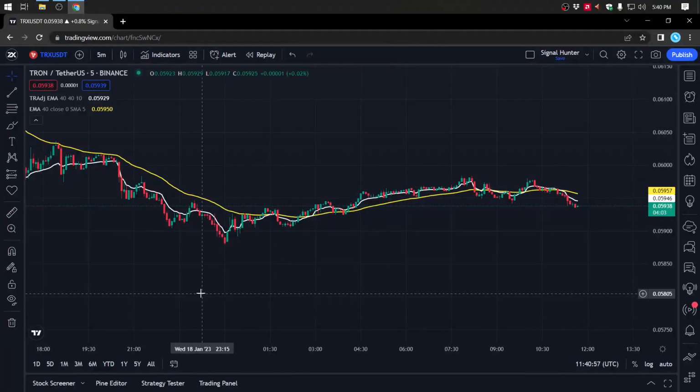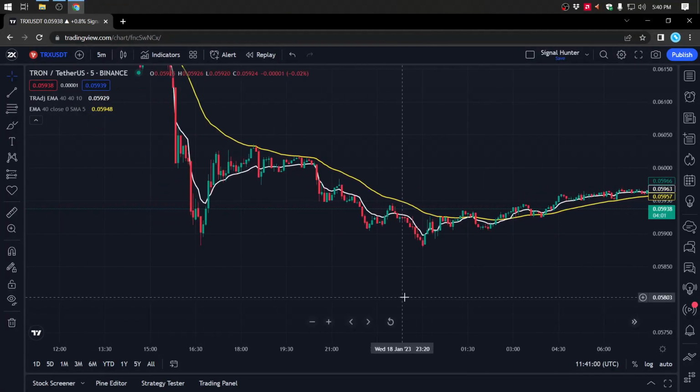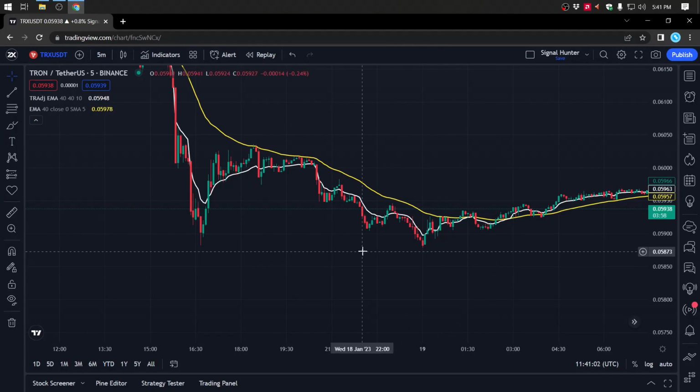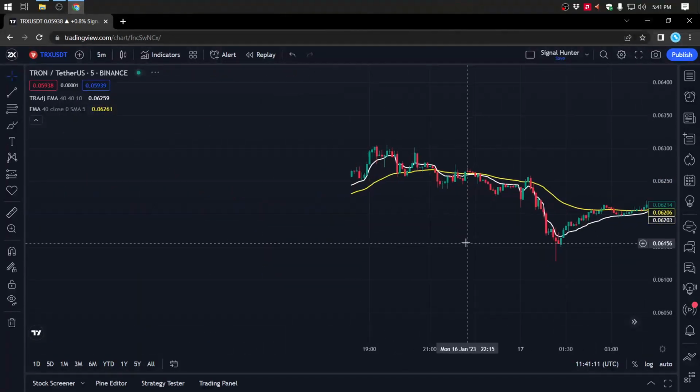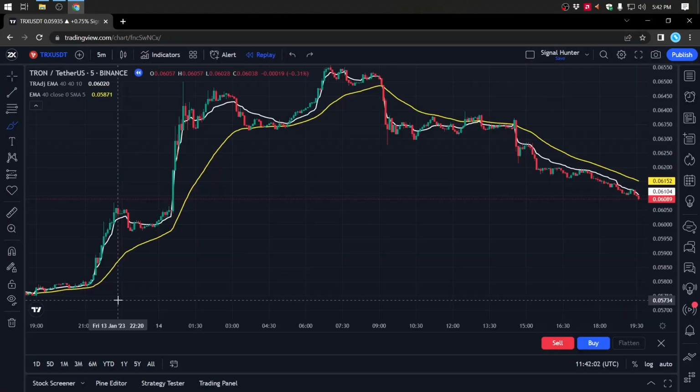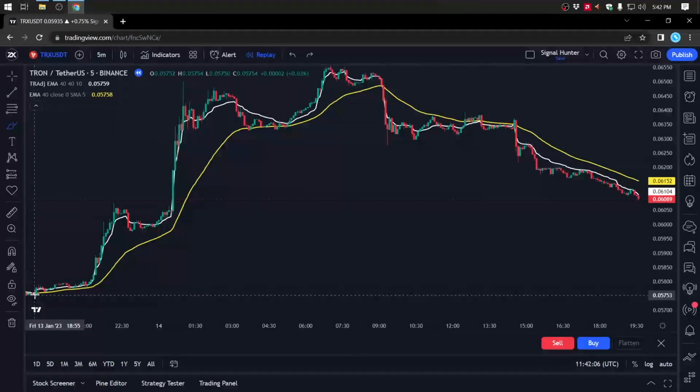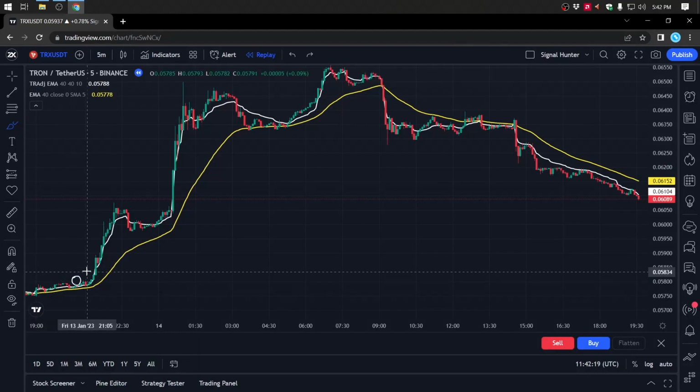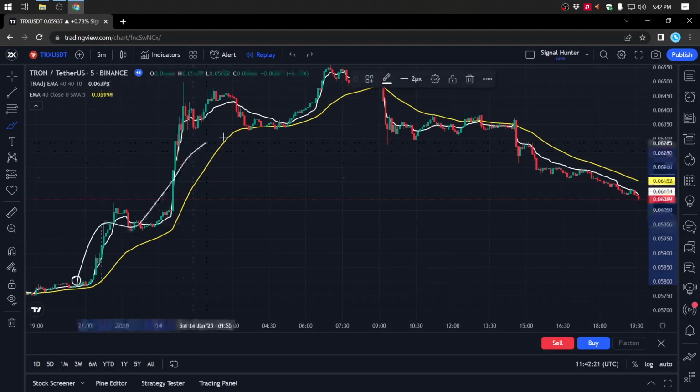Now let's see how we can generate trading signals using this strategy. This strategy is very easy to understand. For generating a buy signal, if the price stays above the TASC and EMA indicator, at this time we just take a long position.